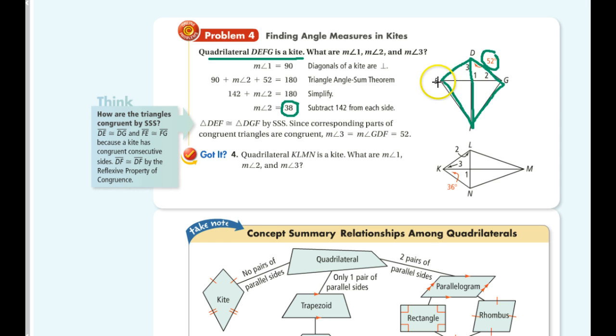But then by the definition of a kite, the other sides are congruent. So we have congruent triangles, and because corresponding parts of congruent triangles are congruent, then angle GDF has to be congruent to angle EDF. So angle 3 has to be 52 as well. Okay, so use this example to work some practice problems.